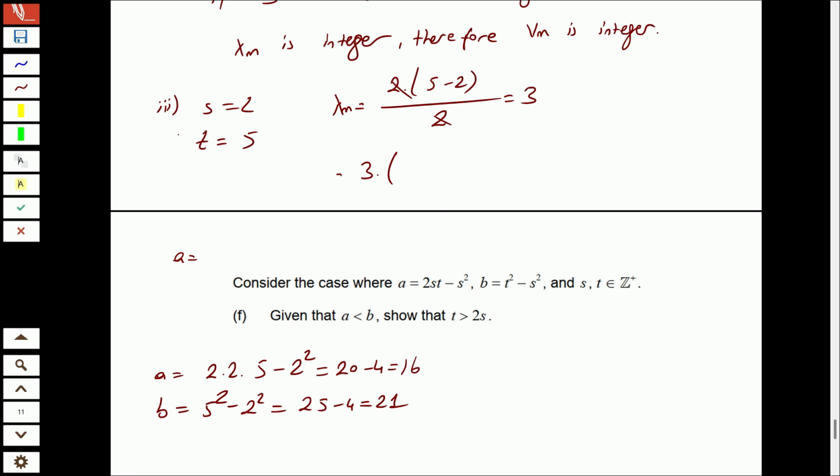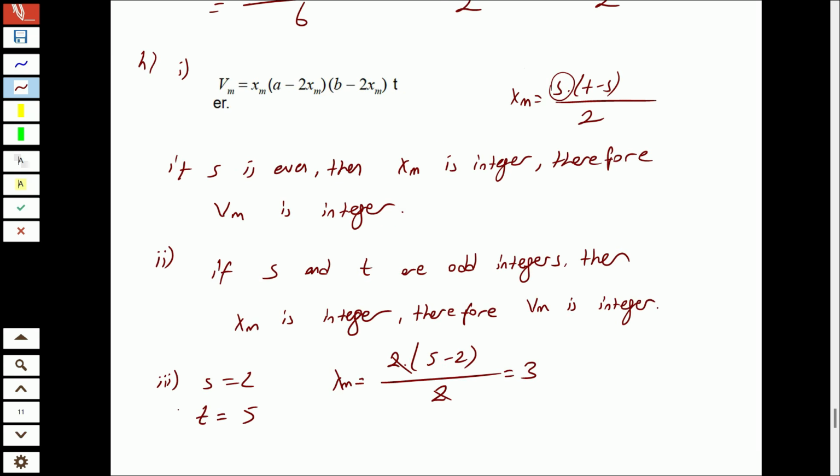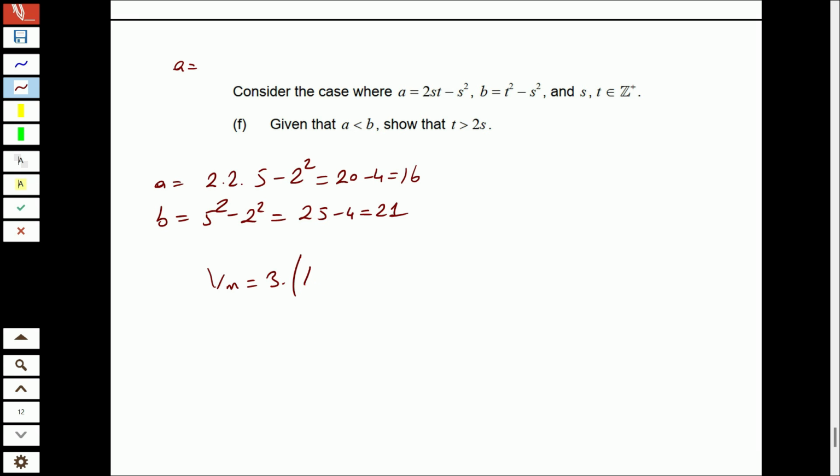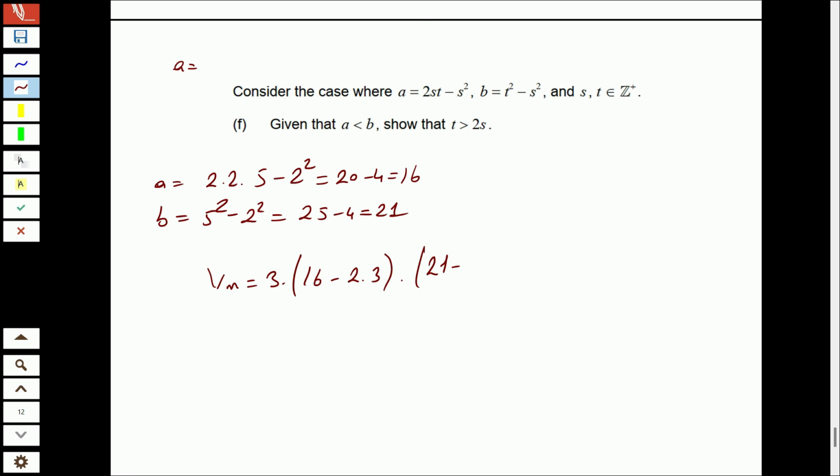I will write v sub m here. It is 3 times a minus 16 minus 2 times 3 times b minus 21 minus 2 times x sub m, 2 times 3. And 3 times in parentheses here, 10 times 15 will give us 450.